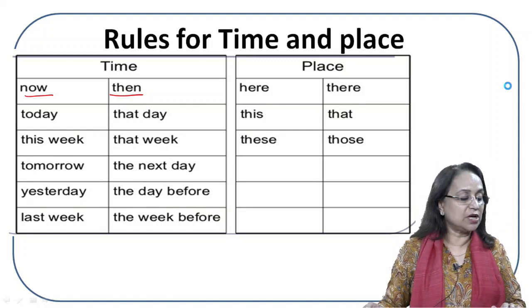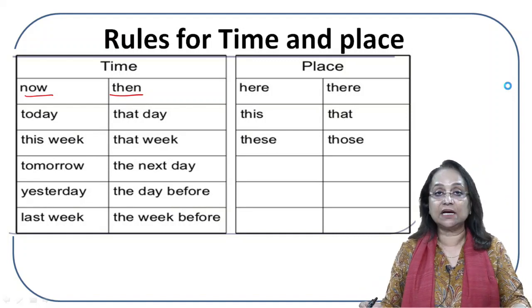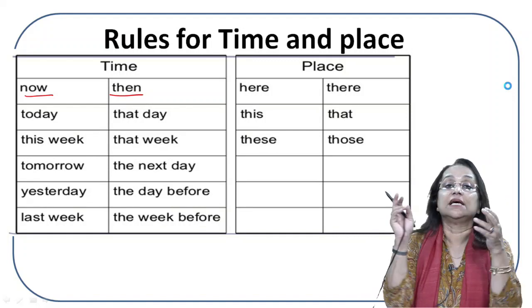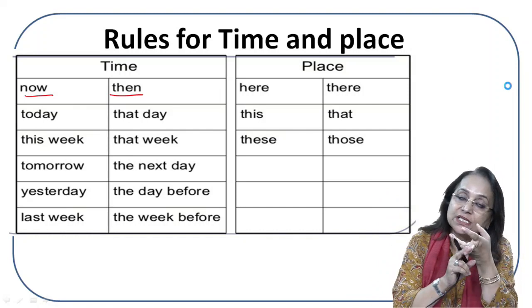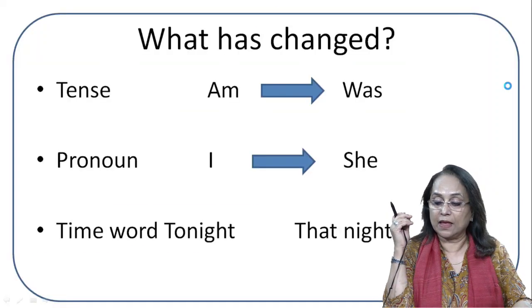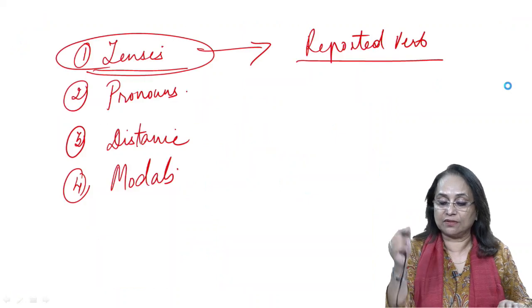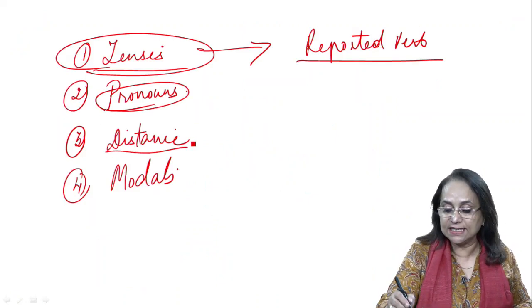Simple. So now what have we discussed? We have already discussed that tenses change, and time and place change. So what are we left with? According to our discussion, what are we left with? Pronouns, right?